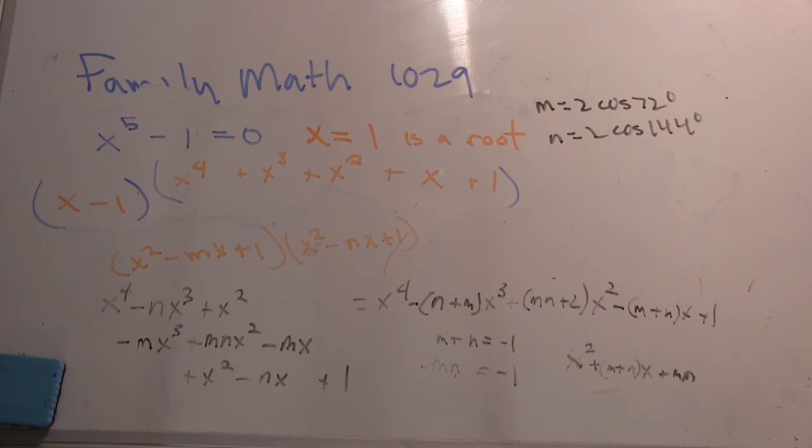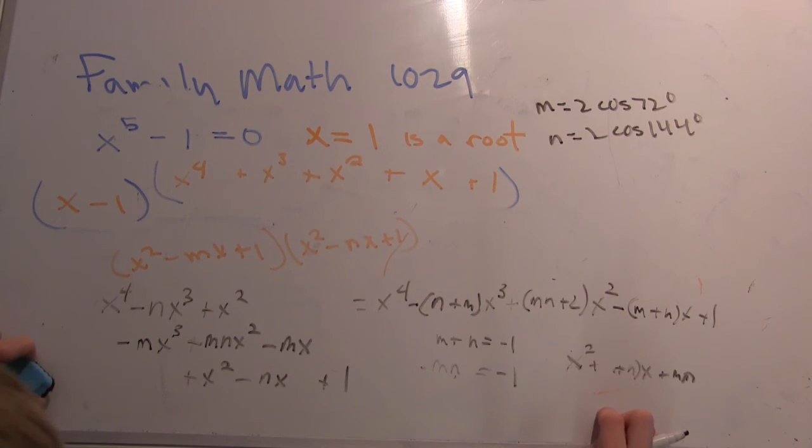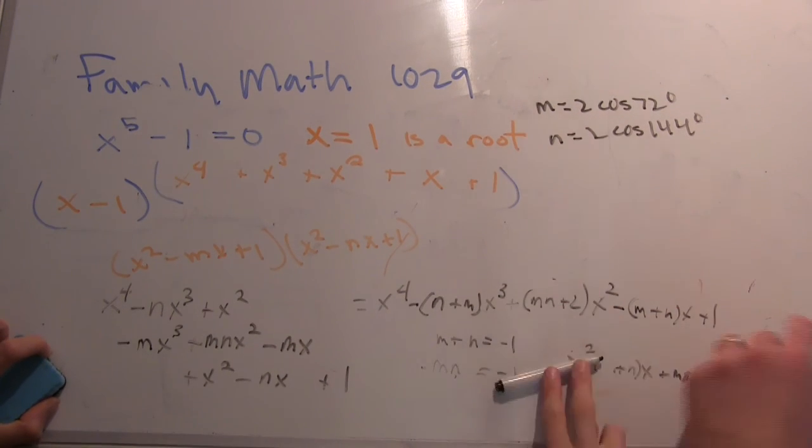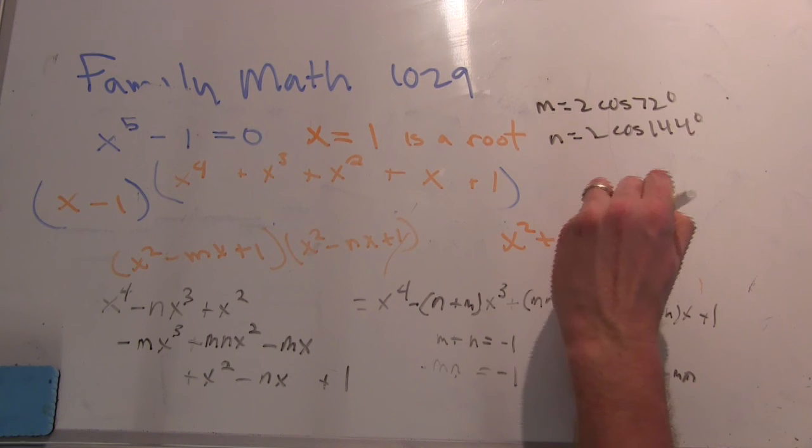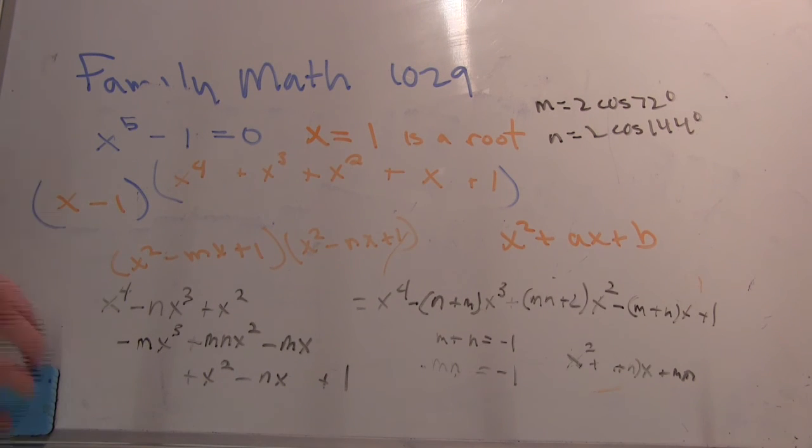What is the sum of the roots? For x squared plus ax plus b, the sum of the roots is a plus b? No, the sum of the roots is not a.